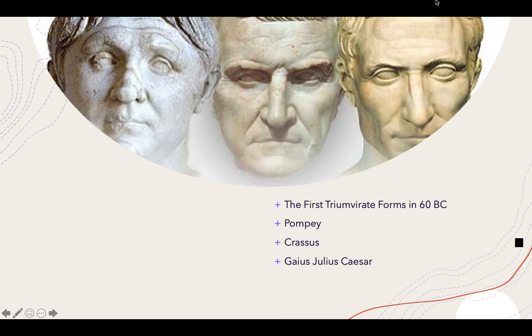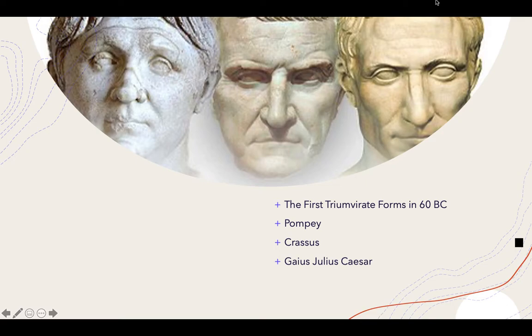Caesar actually means like ruler or leader. But anyway, these 3 men take control of Rome, basically saying we are going to rule as a triumvirate without really any input from the people.